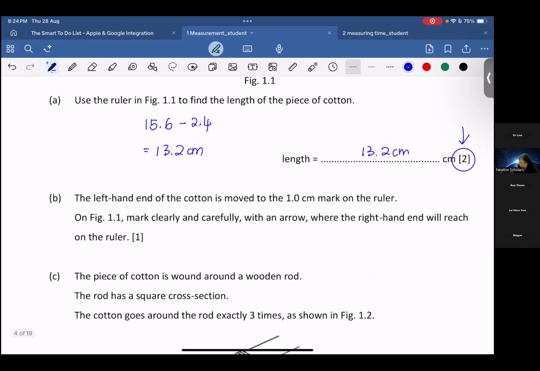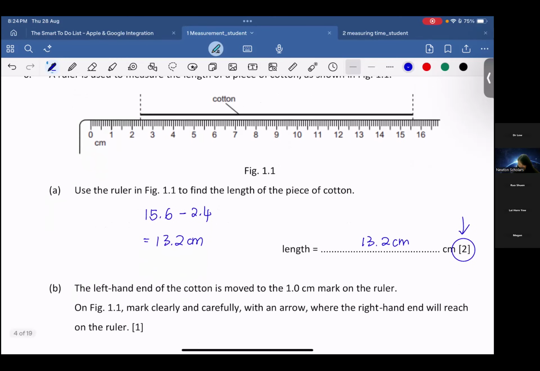Okay. The left hand end of the cotton is moved to the 1 cm mark on the ruler. So we move this to the left. On figure 1.1, mark clearly and carefully with an arrow where the right hand end will reach on the ruler. So what do you think? What is your answer? Where should I put my arrow?